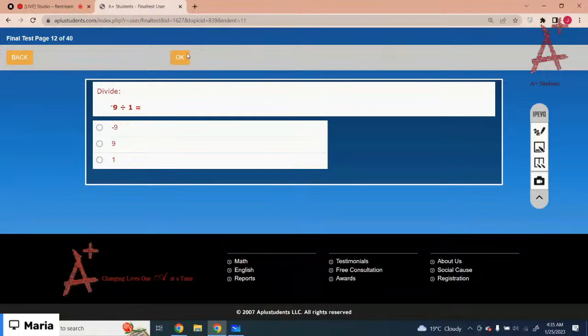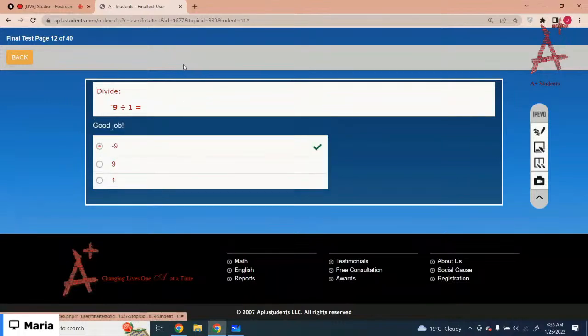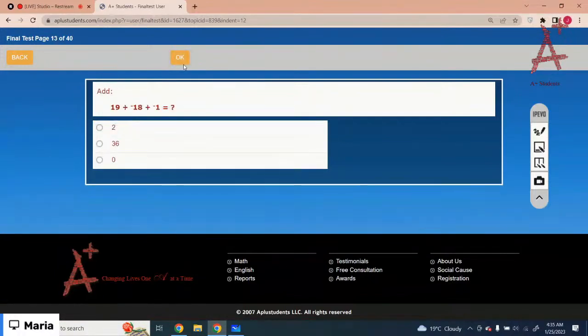So it is -9. Okay, 19 plus -8 minus 1, so which is the correct option? -18 and -1 makes -19, and 19 minus 19 makes 0, so the correct option is 0. Got it?